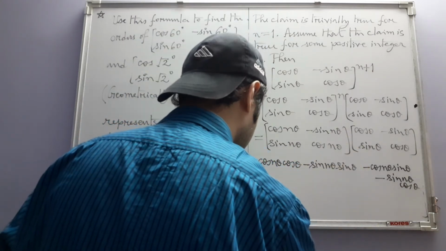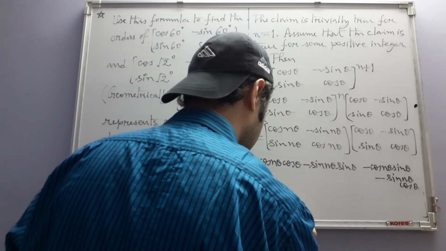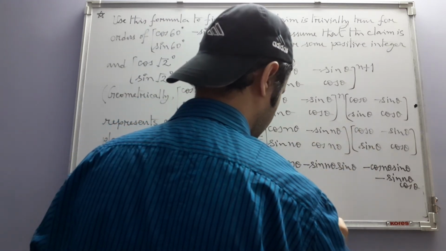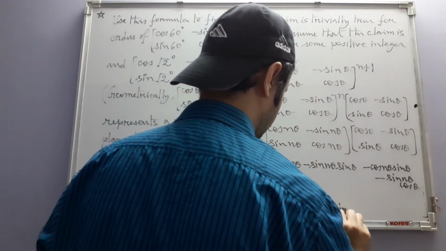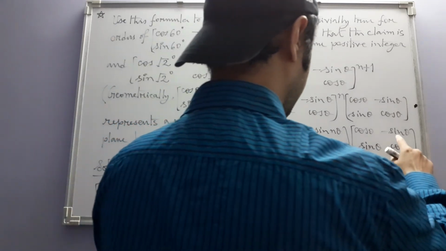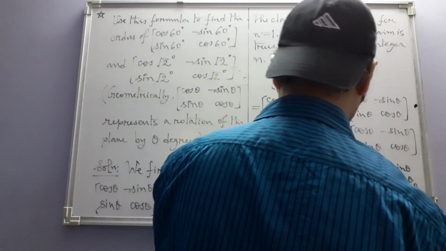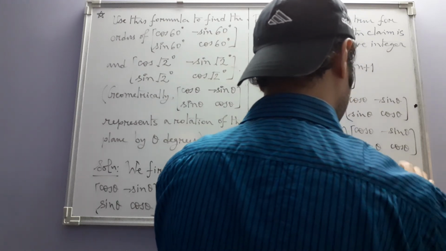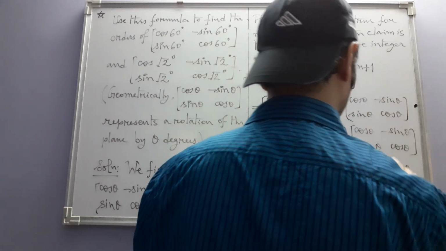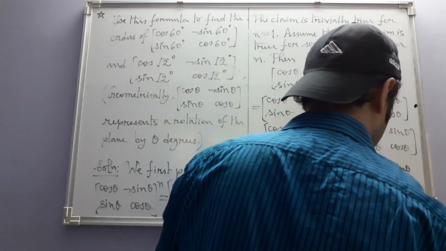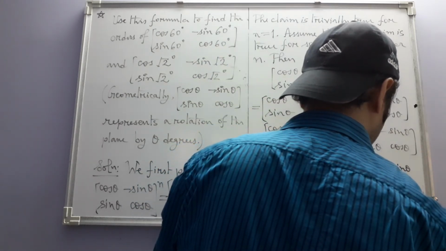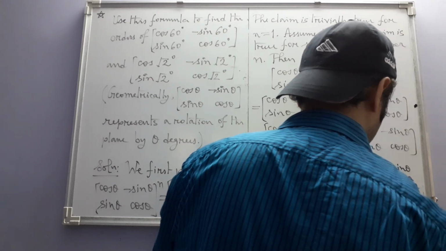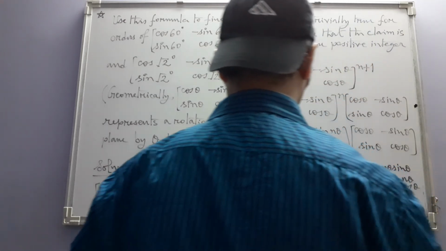Sin n theta cos theta plus cos n theta sin theta, and then cos n theta cos theta minus sin n theta sin theta. Running out of space.